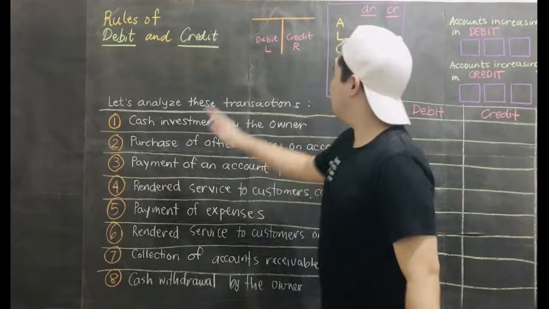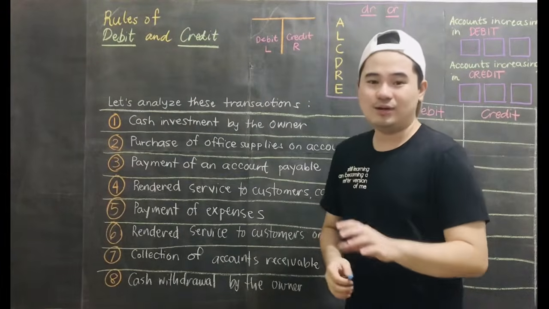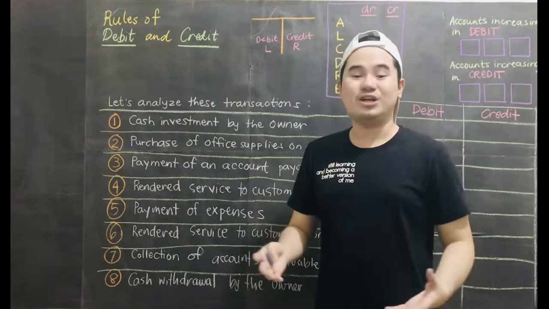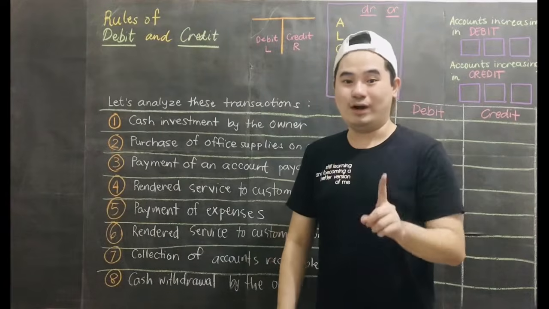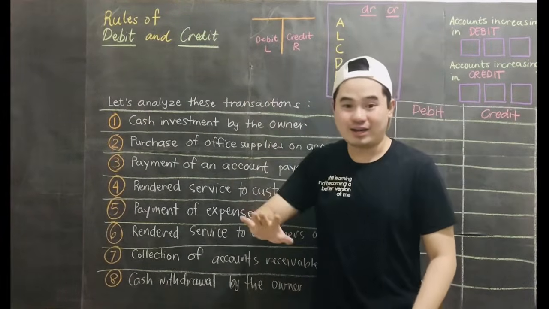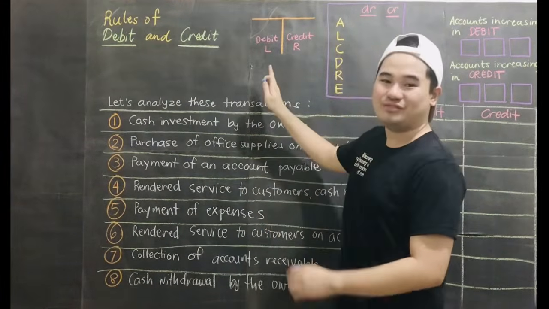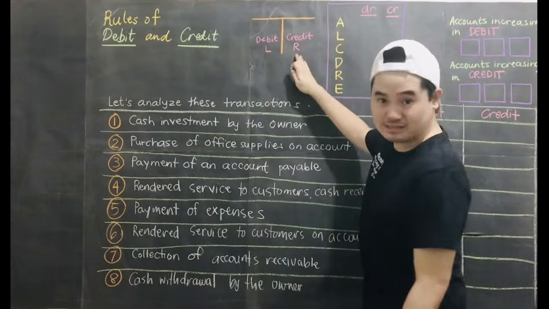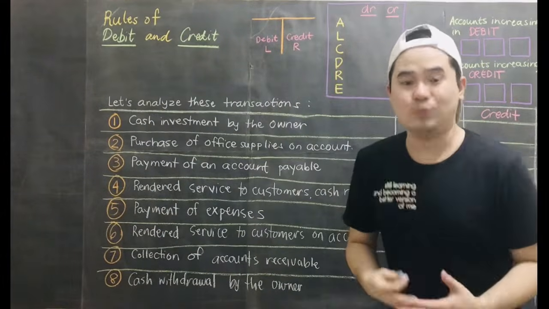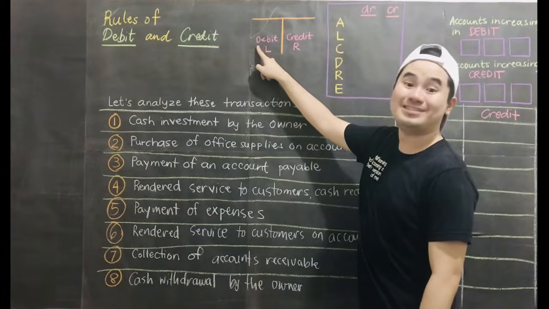Okay, so here, what we have is what we call a T account, or an account. An account summarizes all of the transactions that have happened in one account title. So if you look at the cash account, everything that happened to cash is there. Now, in an account, we have the left side and the right side. The left side of an account is called the debit side.